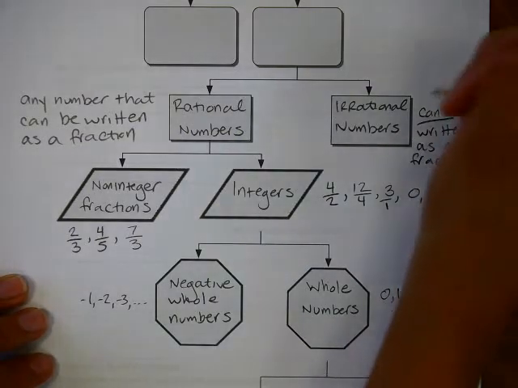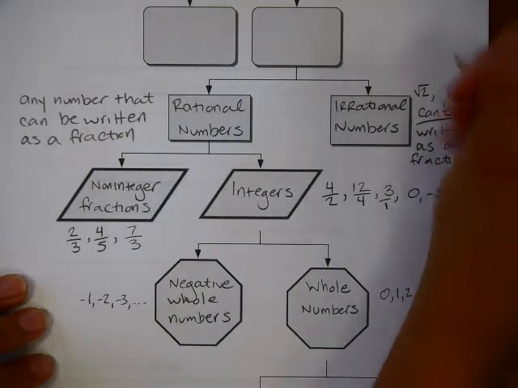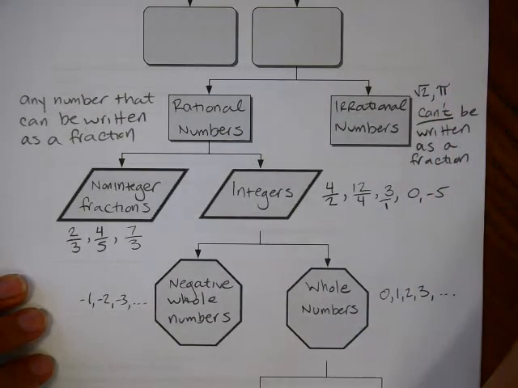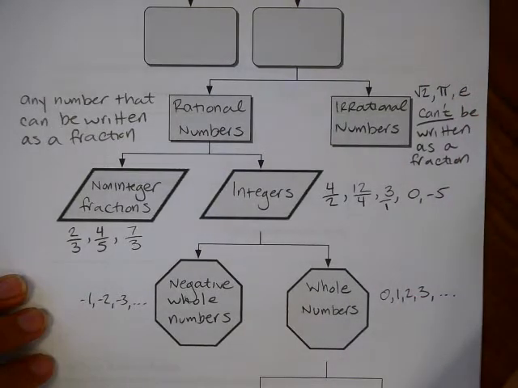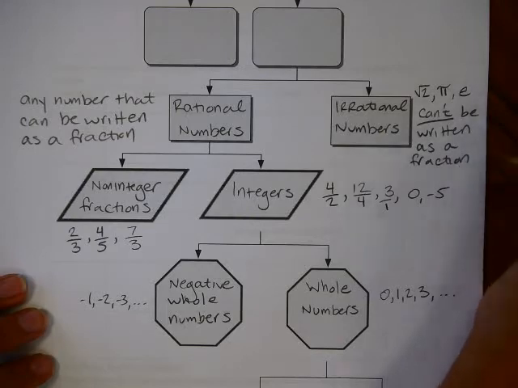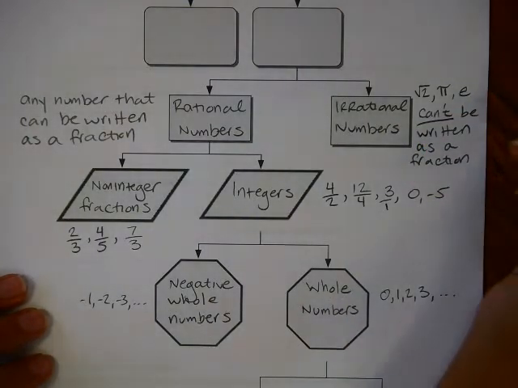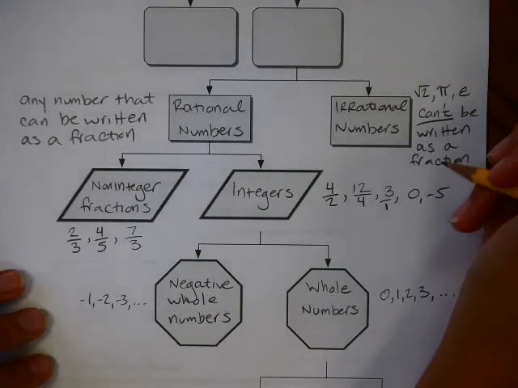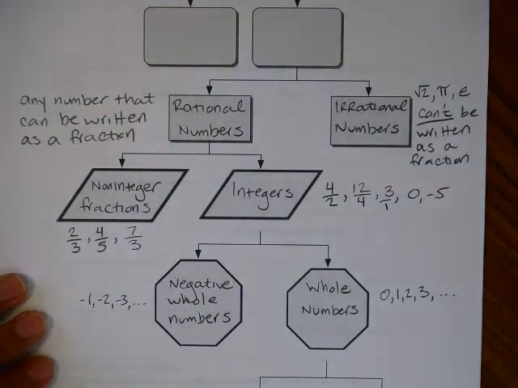Some famous ones: square root of 2, pi, e. Any number that has a non-repeating decimal falls here. Let me rephrase that. A non-ending, non-repeating decimal is an irrational number.